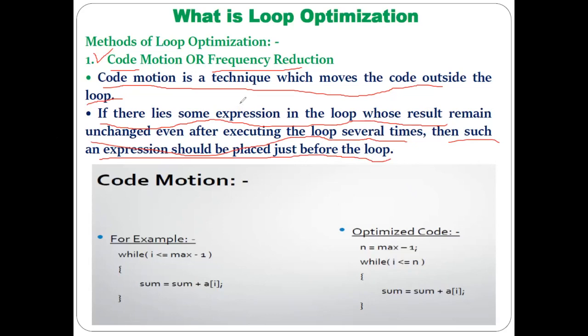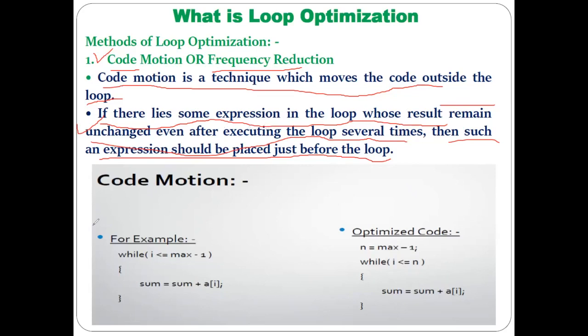If there is an expression inside the loop, and even if the looping happens a number of times the result of that expression remains unchanged, then there is no meaning in putting that expression inside the loop. We should move that expression outside the loop, so that when the iterations happen, the processing of that expression can be avoided. Understood?